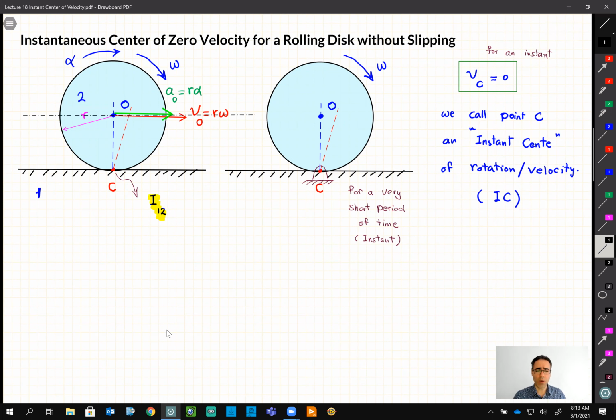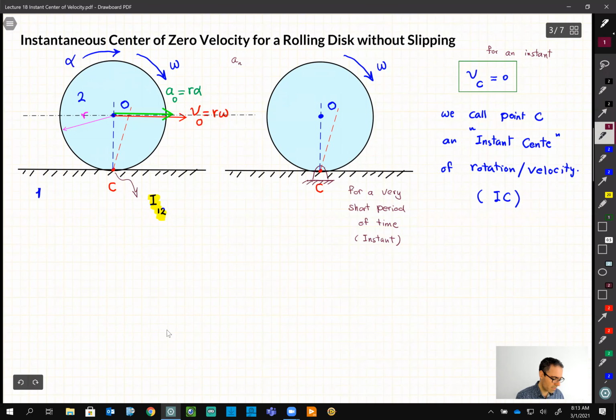It's true we have an omega, but what was the formula for normal acceleration? It was V squared divided by R, right? So the normal acceleration AN is V squared divided by R, the radius of the path, not the radius of the disk. Here, because we are moving on a straight line, R is infinity.